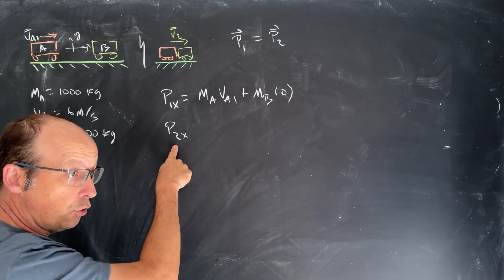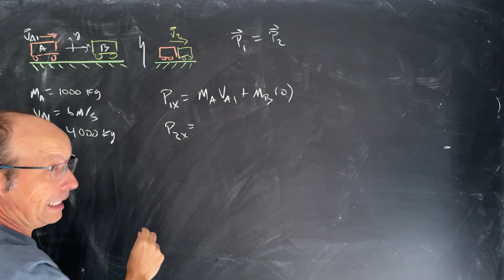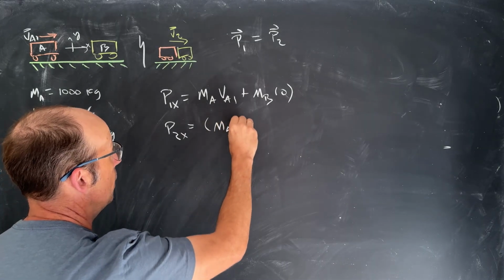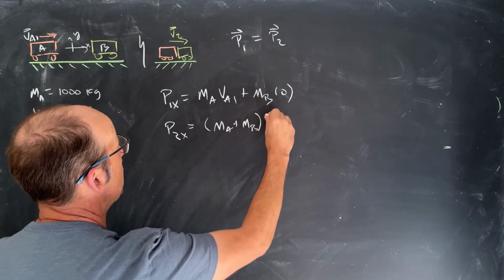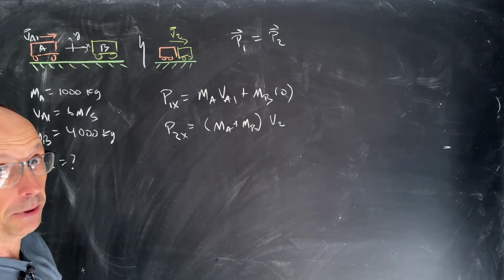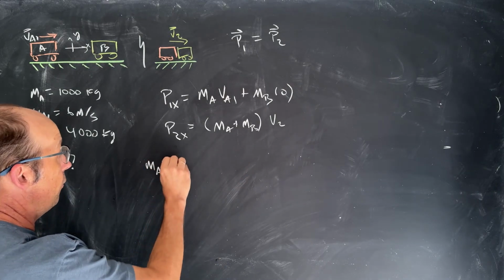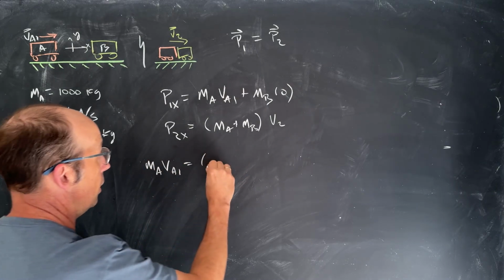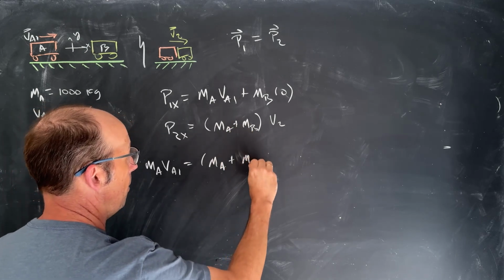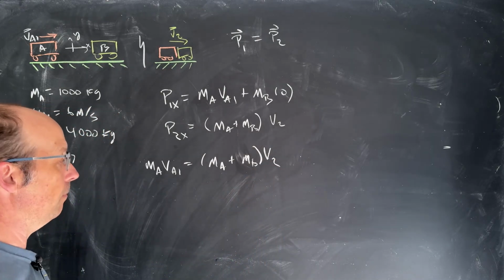P2X, I'm using 2 as the final, remember. That's going to be the mass of both cars together. They have the same velocity, so I'm going to say MA plus MB times V2, which is the X velocity. Now these two things have to be equal to each other, and I can solve for V2. So I have MA VA1 equal to MA plus MB times V2. They're both the same, so I'm just calling it V2.